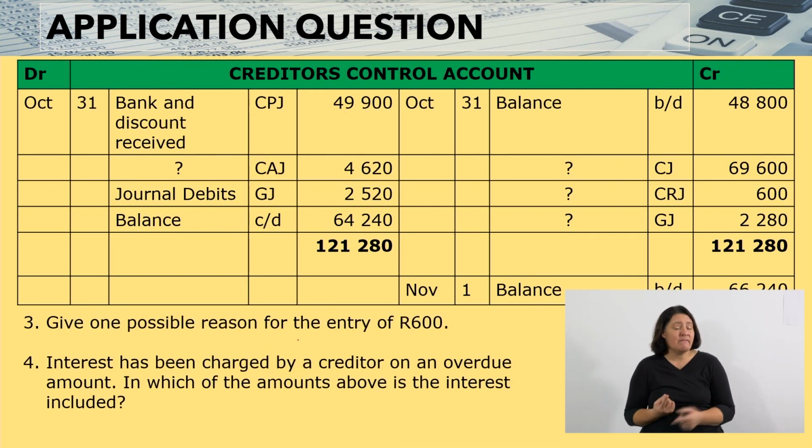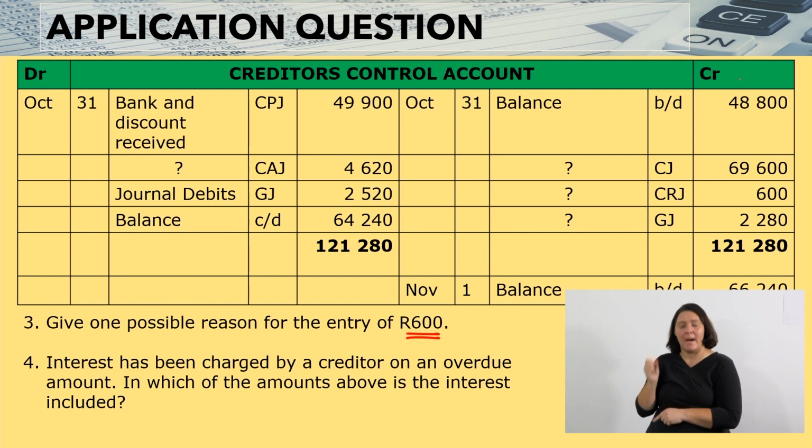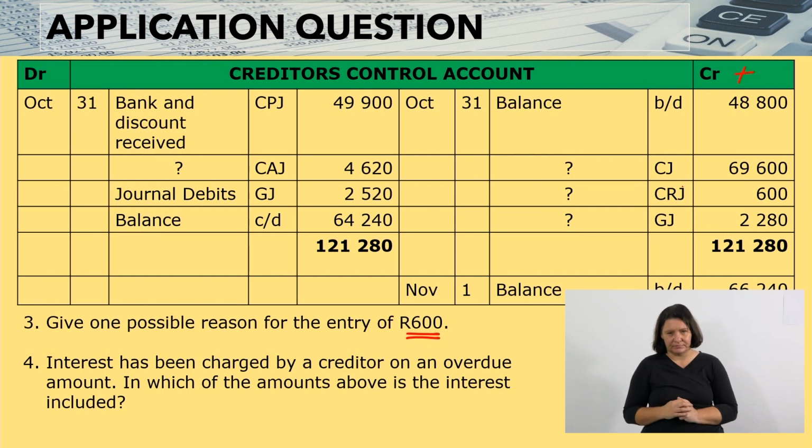Let us go to question number 3. It says, give 1 possible reason for the entry of 600. We need to look for this 600. We find it on the credit side. There is 600, CRJ. Why would we have the CRJ and we have 600 rands?